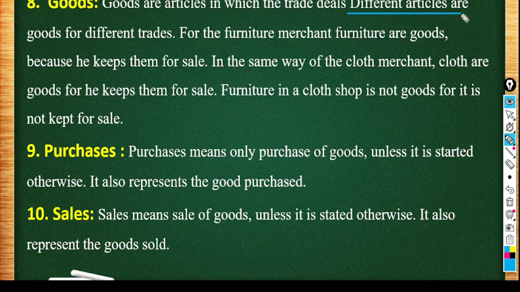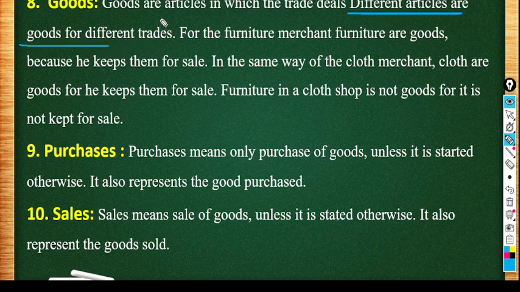What are the items you are dealing in? For example, for a cement company, cement is the article. Likewise, if we buy and sell vegetables, the vegetables are the articles we call goods here.